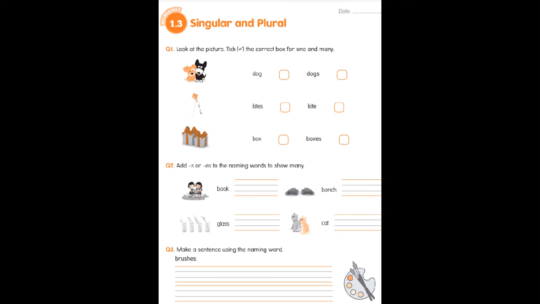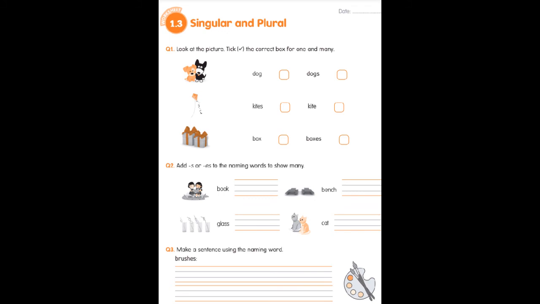See question number 3. Make a sentence using the naming word brush. Now this answer may vary. You can write on your own also. But one possible answer I'll give you, and you have to make one more. See, there is a space for 2 sentences. So you can take help of this first sentence and make your own second sentence.